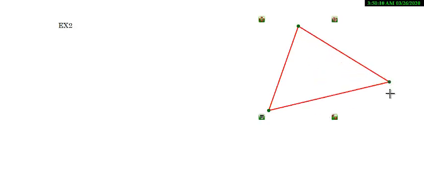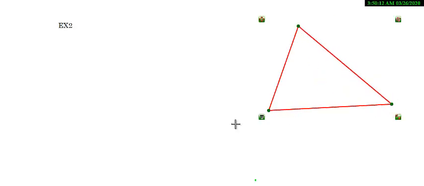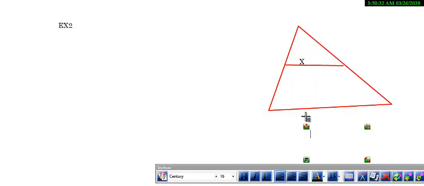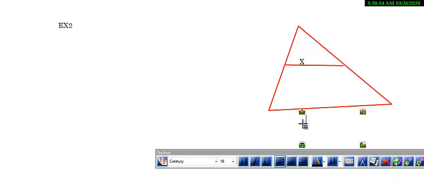This triangle has some conditions, and this segment has to be x, so I'm going to write down x here. And the third side will be 26 length units.